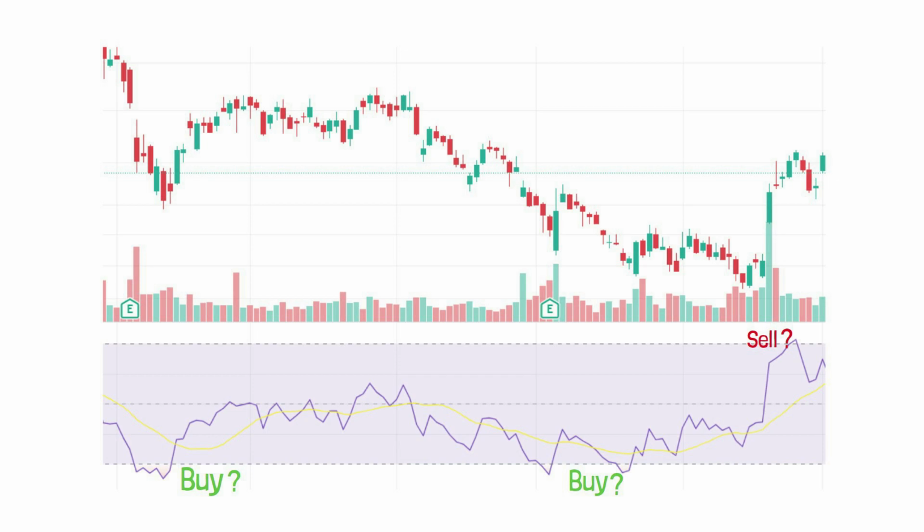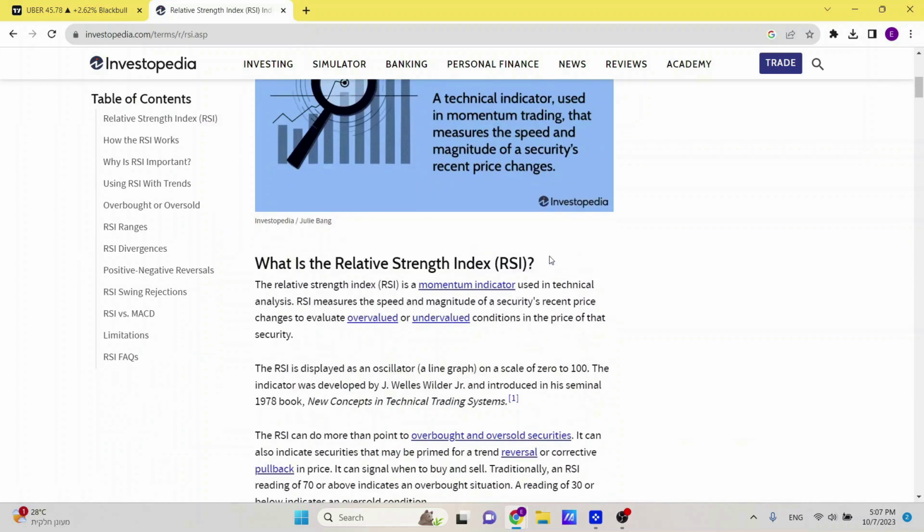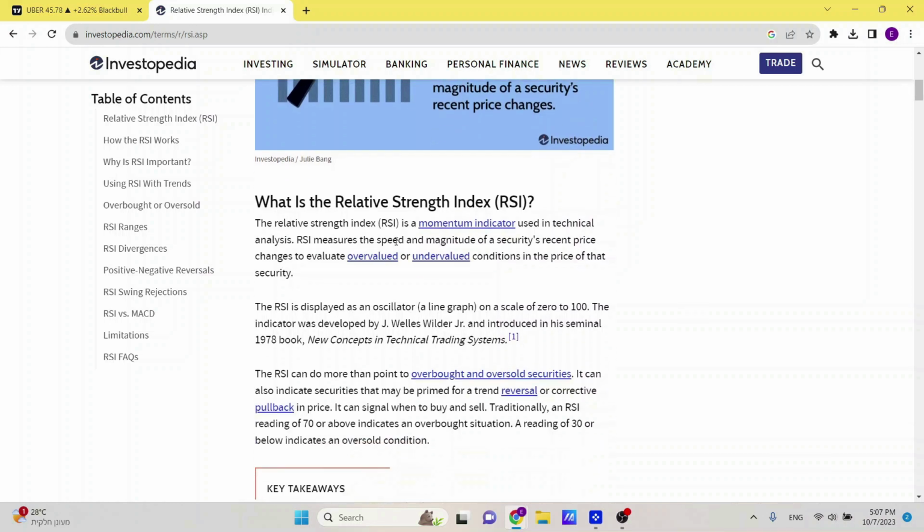So let's first start to understand what RSI means. RSI is Relative Strength Index. It's a momentum indicator used in technical analysis. RSI measures the speed and magnitude of a security's recent price changes to evaluate overvalued or undervalued conditions in the price of that security.